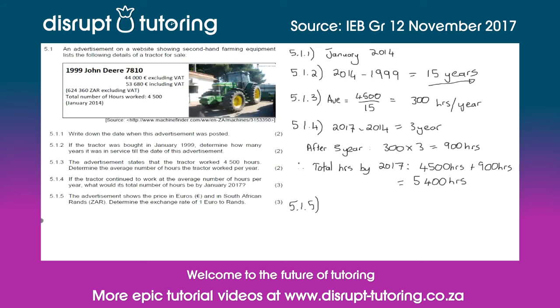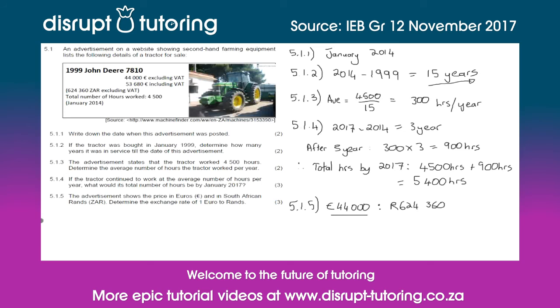So we know then that the 44,000 euros converts to 624,360 rands. Now we need to find out what €1 is equal to in rands.